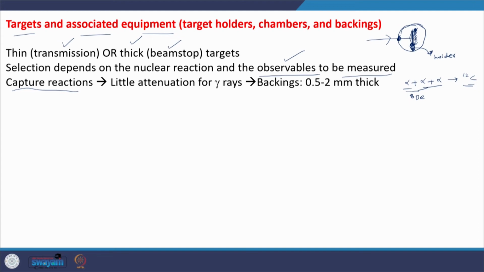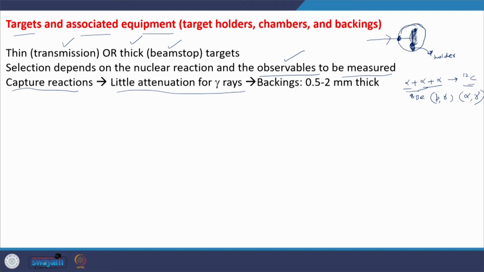As I have said in previous classes, a radiative capture reaction means the ejectile is the gamma. Now, there should be little attenuation for gamma rays. If you consider (p,gamma) or (alpha,gamma) reactions, the target should be such that there is very little attenuation for the gamma rays.